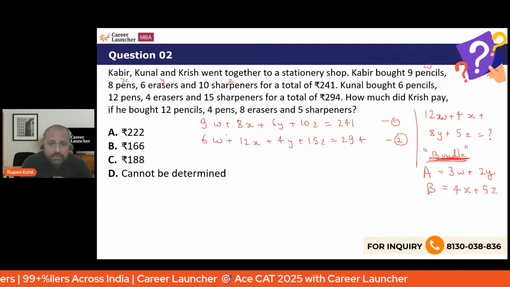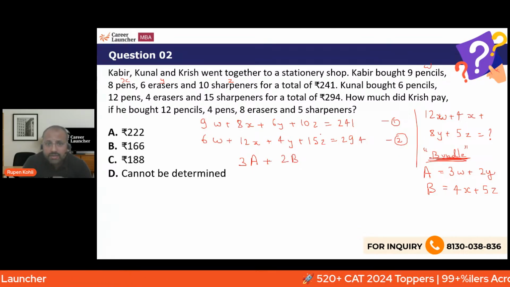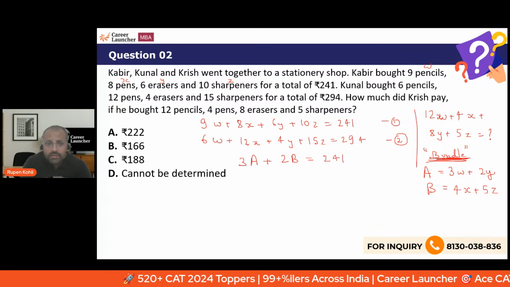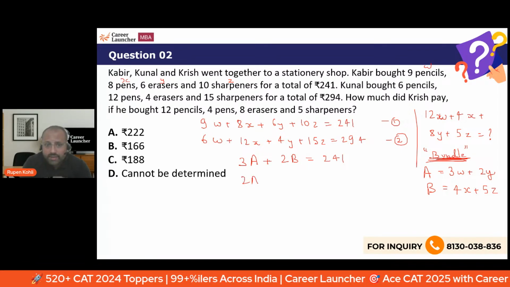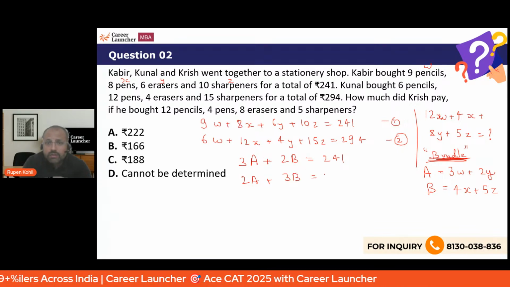So therefore, the first equation can be rewritten as 3 bundles of A and 2 bundles of B, right? They equal 41. Whereas for Kunal, 6W plus 4Y, so 2 bundles of A, 12X and 15Z, so 3 bundles of B, they equal 294, right?